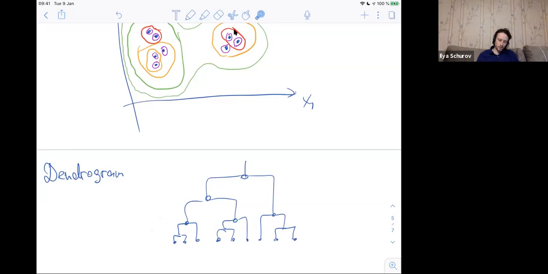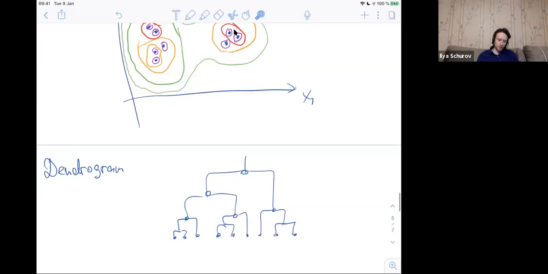It means that the distance between these 2 clusters is more or less the same as the distance between these 2 clusters. And if you have points at different levels, it means that the corresponding difference in distances is large. So you can use this dendrogram to uncover some hierarchical structure from your data, from your points.